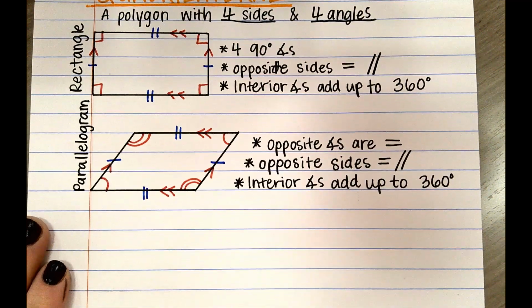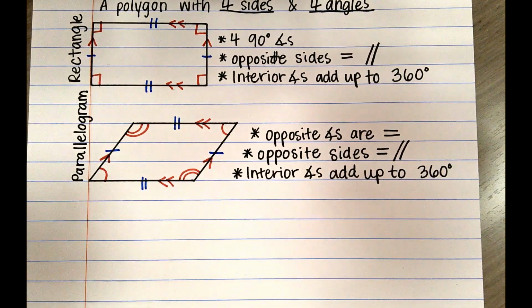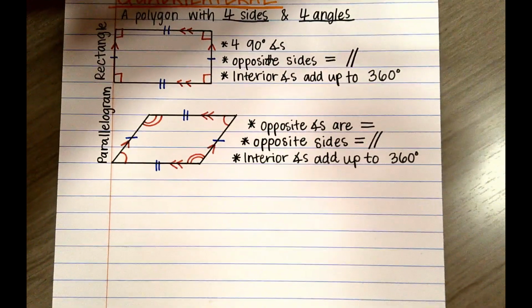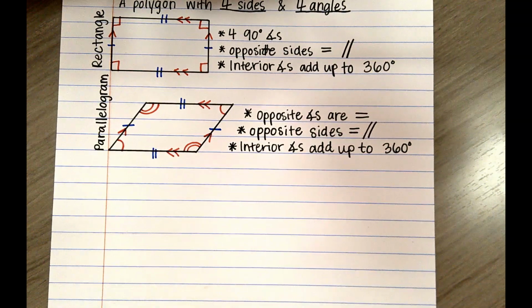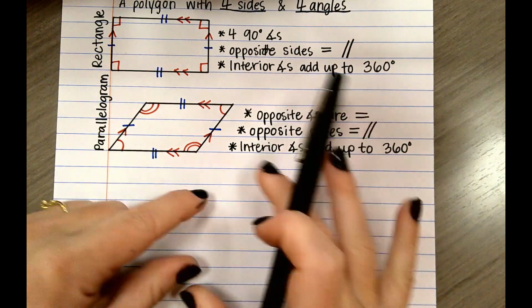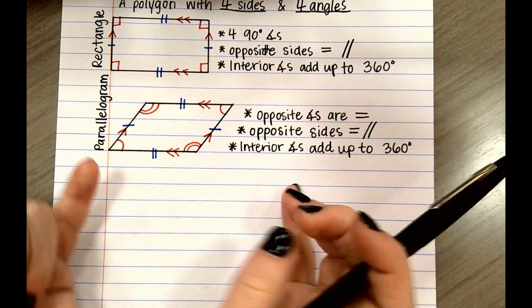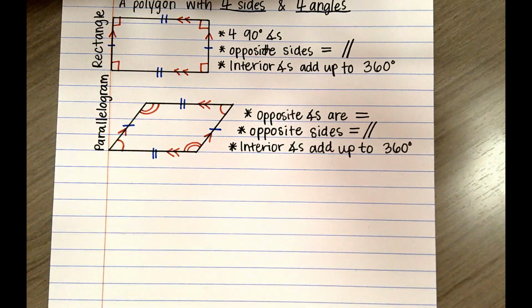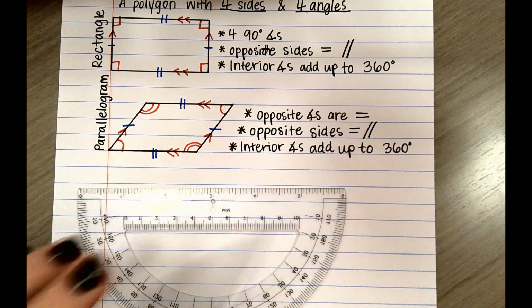Now, let me show you a way to help us remember all the different relationships. We're going to draw another parallelogram under this, but we're going to make it a little bit bigger, and we're going to work out a few problems with it.